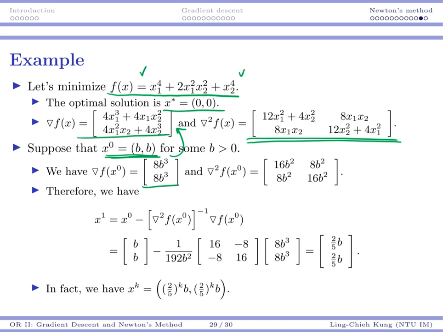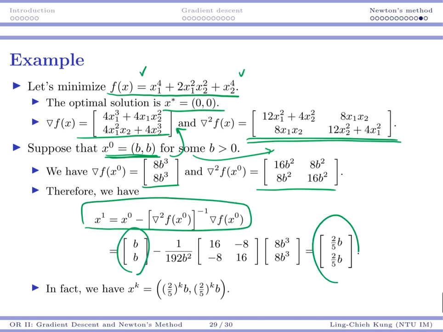Or you plug that into your Hessian matrix. So you get this. Then you may apply this formula. And then from (B, B), you are going to move to (2/5 B, 2/5 B). And if you try this again, you're going to see it becomes ((2/5) squared B, (2/5) squared B).